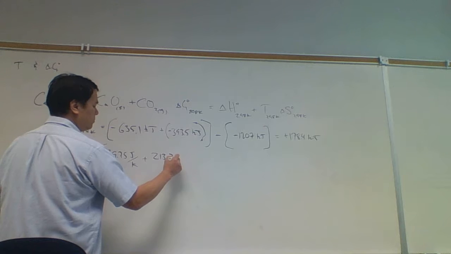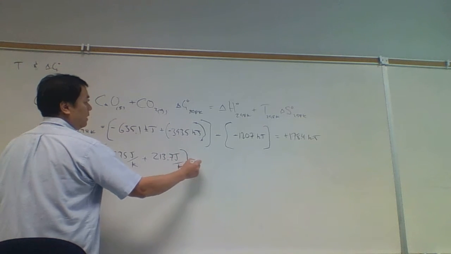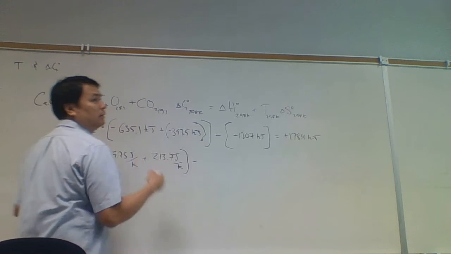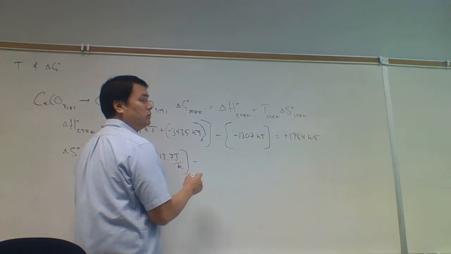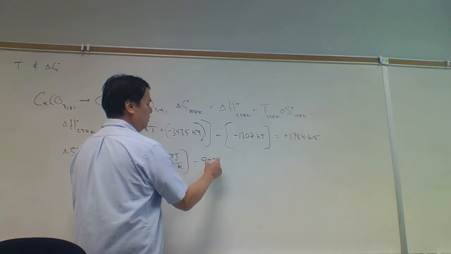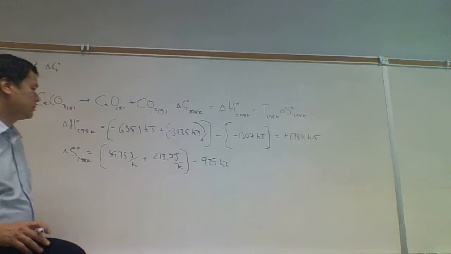Again, 1 mole, joules per Kelvin, minus calcium carbonate, which will be 92.9. 92.9 is fairly high entropy. You got the carbonates.